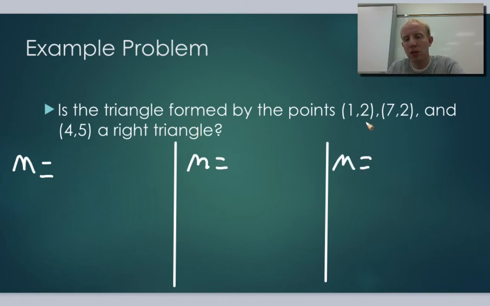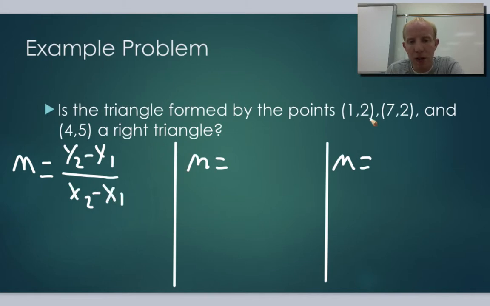So let's look at the side formed by (1, 2) and (7, 2). We know that the formula is y2 minus y1 over x2 minus x1. In this case, y2 is going to be 2, y1 is also going to be 2, x2 is going to be 7, and x1 is going to be 1.